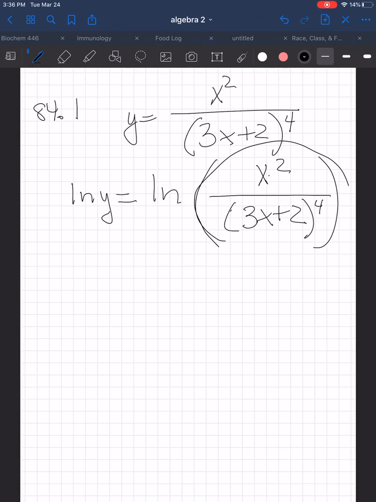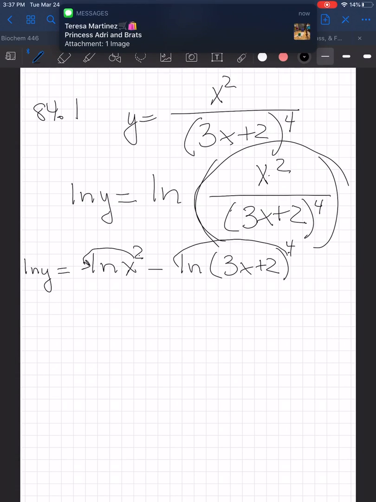So this becomes ln of y equals ln of x squared minus ln of (3x plus 2) to the fourth. Now, this is a power, so because it's a logarithm, that power gets multiplied times the logarithm.